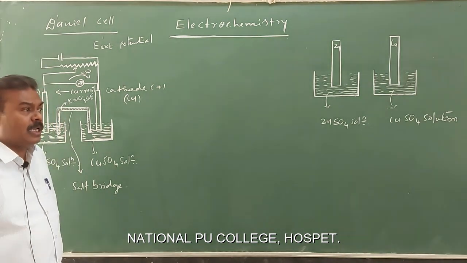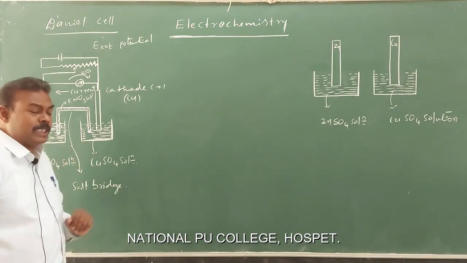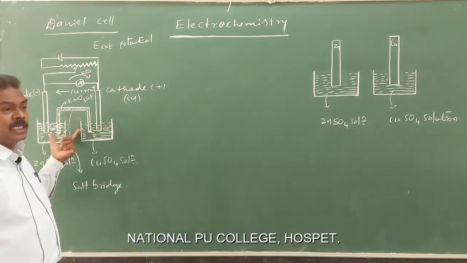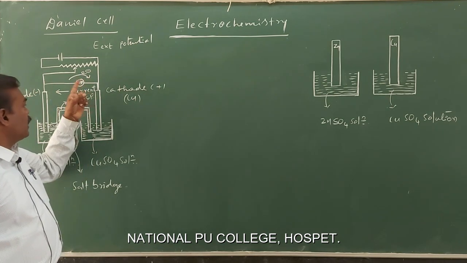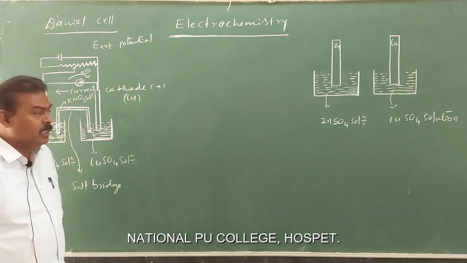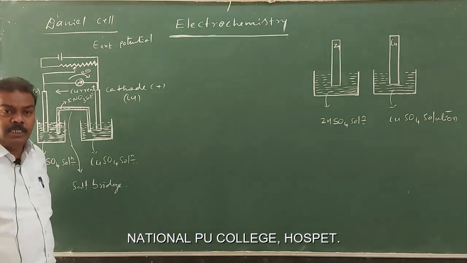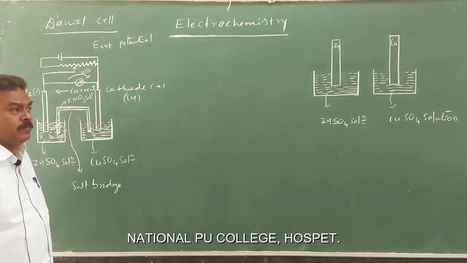In the last class we discussed that the zinc electrode undergoes oxidation and the copper electrode undergoes reduction, and these two electrodes are connected by means of the salt bridge and by a thin conducting wire. In the Daniell cell, the anode is given the negative sign and the cathode is given the positive sign.